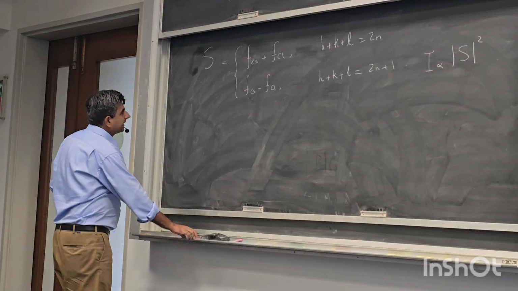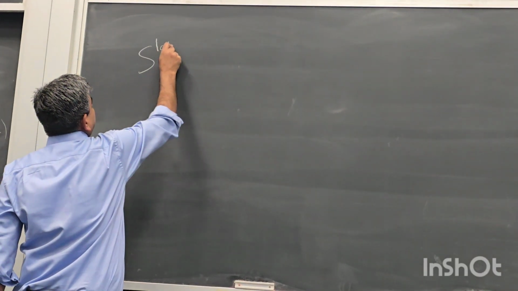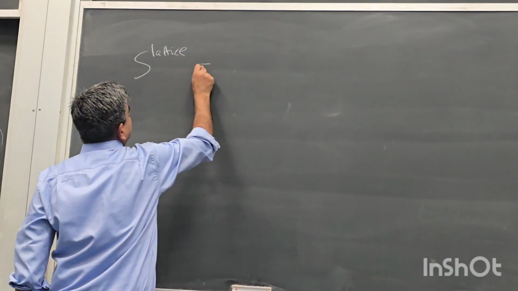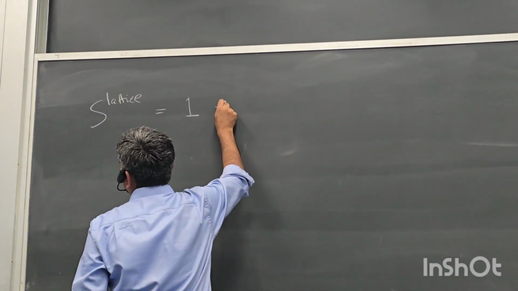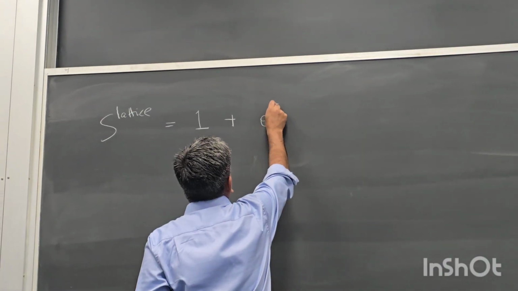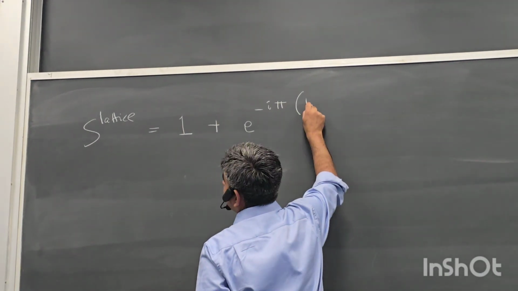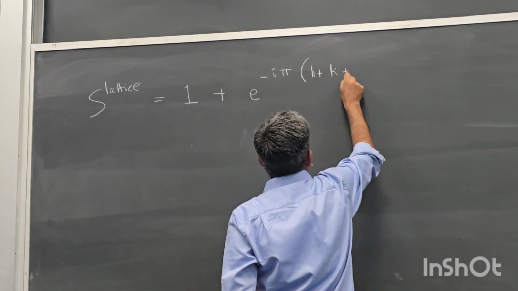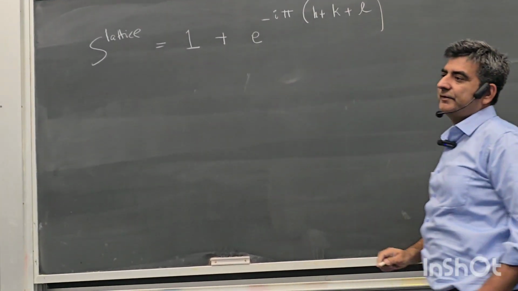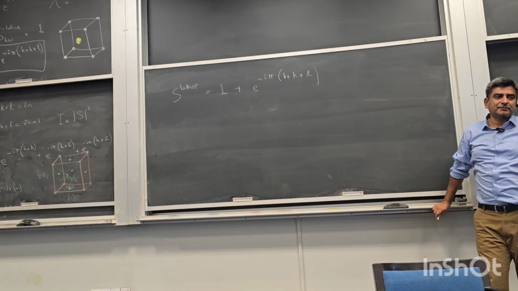Now, if you look at our second example, S for the lattice is 1 plus e to the minus i pi (H plus K plus L). This is the structure factor for the body centered lattice.